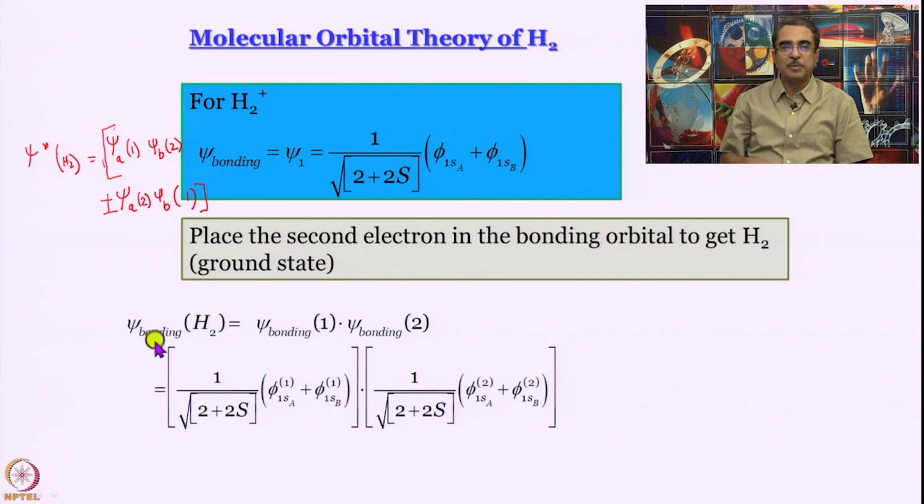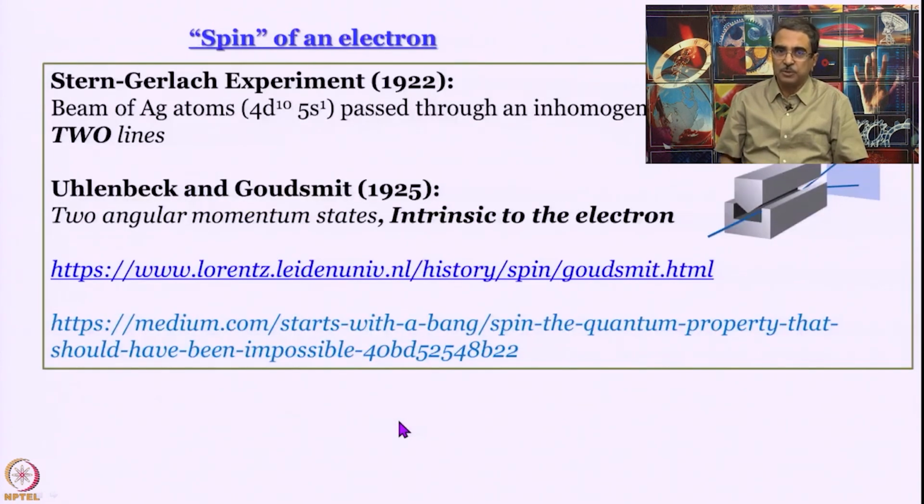Okay. It would have perhaps been better to write psi plus or something, but anyway that is how we have written it, what to do. This is your spatial part, and you can easily open it out and you are going to get a constant of 1 by 2 plus 2s, and inside the bracket you are going to get 4 terms. We will come to that also.